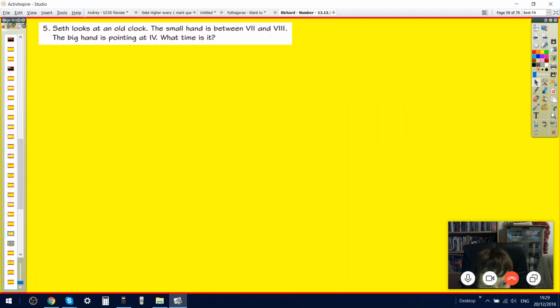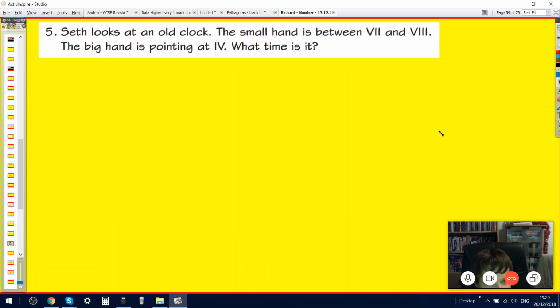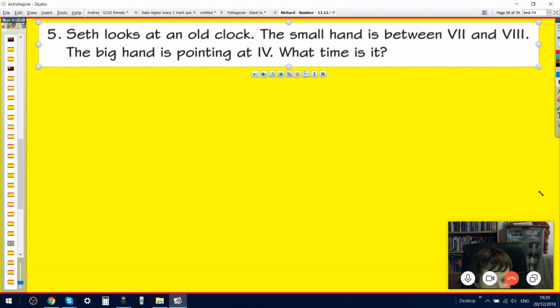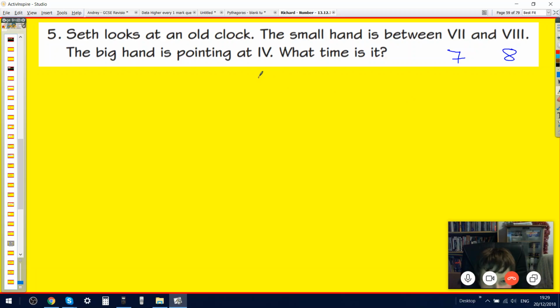Okay, how about this? Seth looks at an old clock. The small hand is between 7 and 8. The big hand is pointing at 4. What time is it? Well, it says the small hand, which is the hour hand, is between 7 and 8.